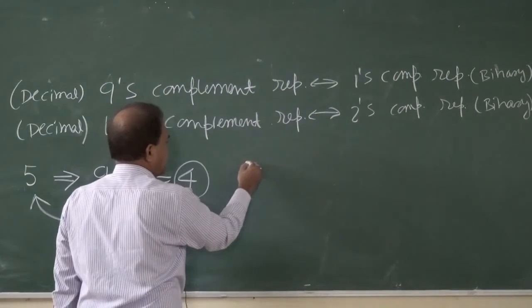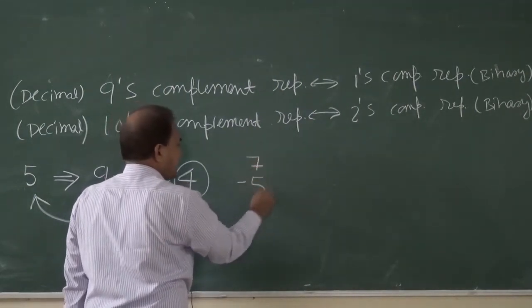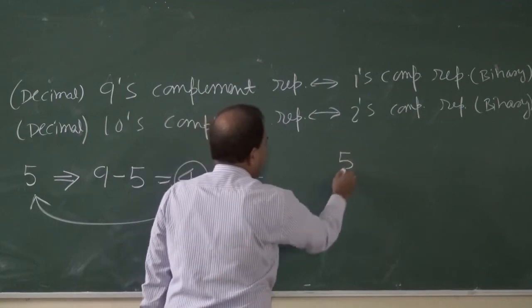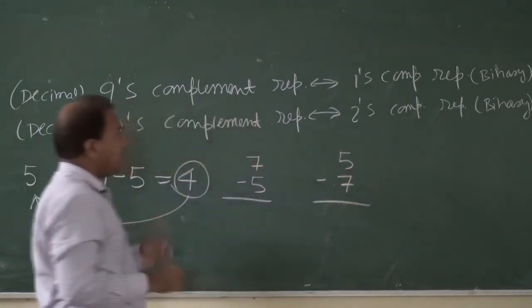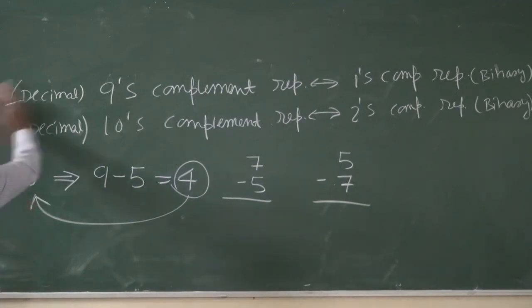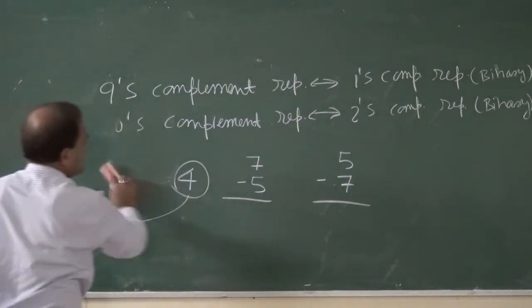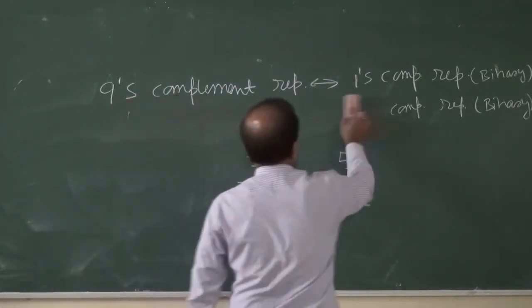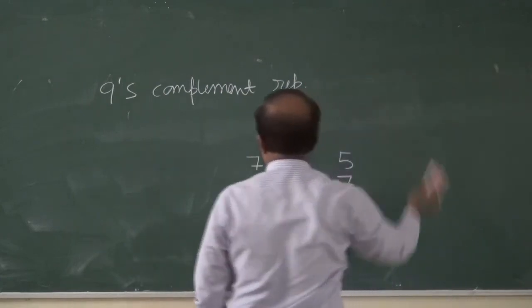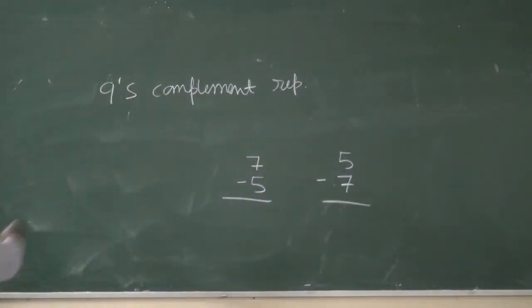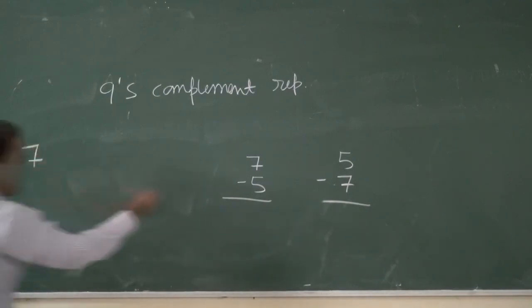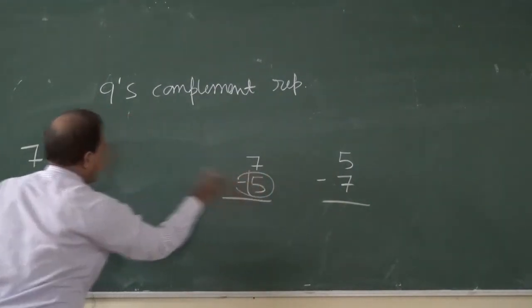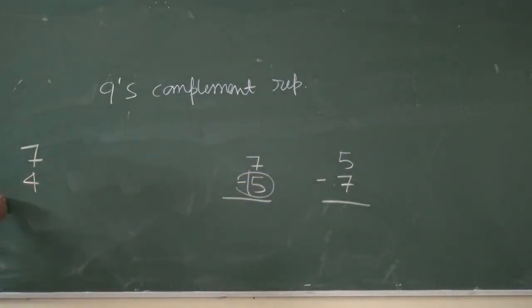Suppose you want to perform this operation: 7 minus 5, and then 5 minus 7, by using 9's complement. How can you do it? You write 7 and minus 5. Minus 5 in 9's complement is 4.